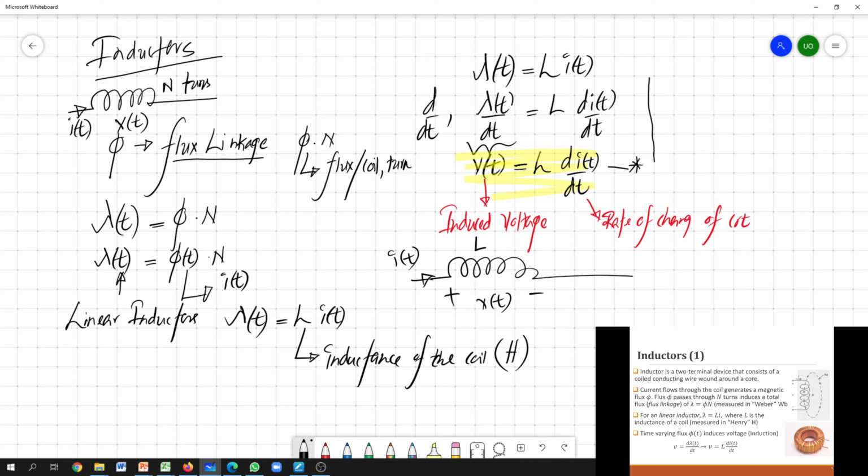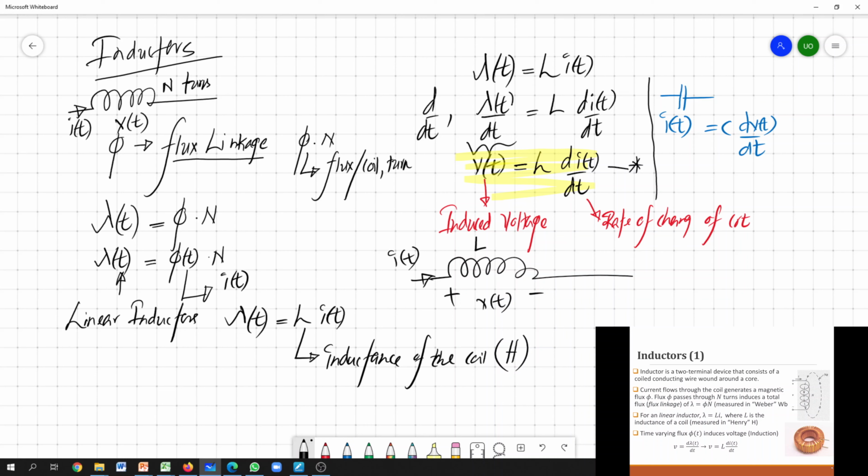Similarly, we had a similar type of equation for the capacitor: the current is equal to C times the derivative of the voltage. For the inductor, the induced voltage is equal to L times the derivative of the current.